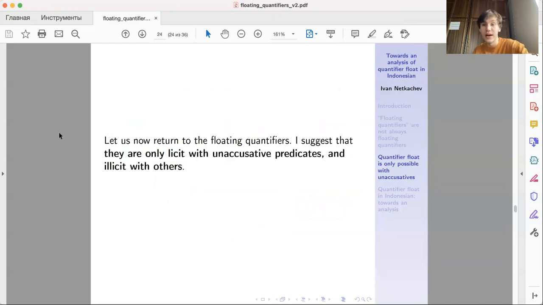And now let us return to the floating quantifiers. I suggest, once again, I'll repeat it, that the floating of quantifiers is possible only with unaccusative predicates and impossible with any other kinds of predicates.